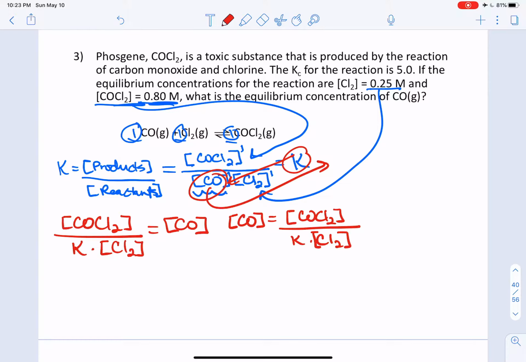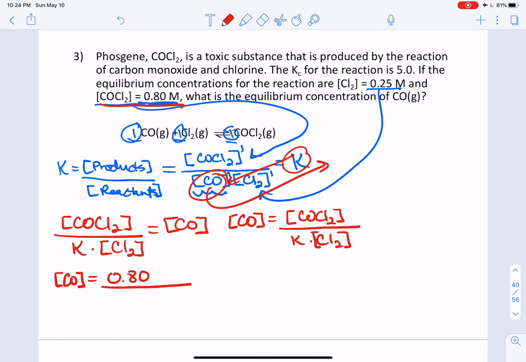Okay, so now we're going to plug and chug. The concentration of carbon monoxide is the concentration of COCl2 on top, so you have 0.80, and I purposely didn't write in molar there. I hardly ever say ignore the units, but for K, because it is a little bit funky, we can kind of fudge it here and just ignore it because K has weird units that I don't want to get into.